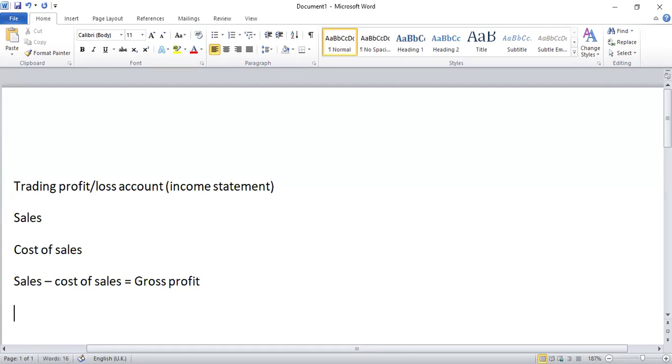Then from this gross profit, we add incomes, less expenses, and then you will be able to arrive at the net profit or net loss, whichever the case.